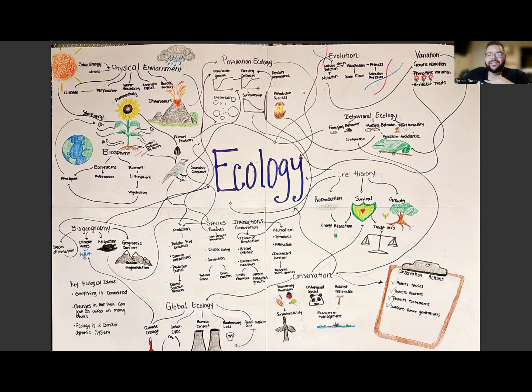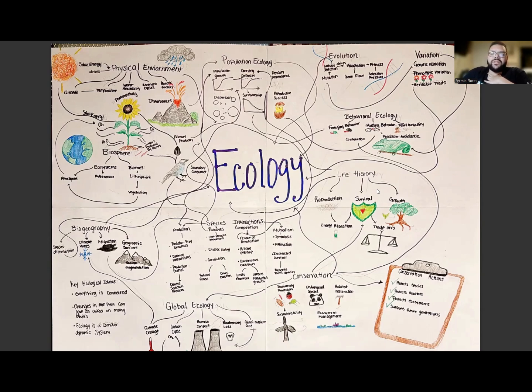On the top right side of the map, more towards the middle, I included life history. This section includes reproduction, survival, growth, energy allocation, and trade-offs. Life history strategies explain how organisms allocate energy towards growth, survival, and reproduction.